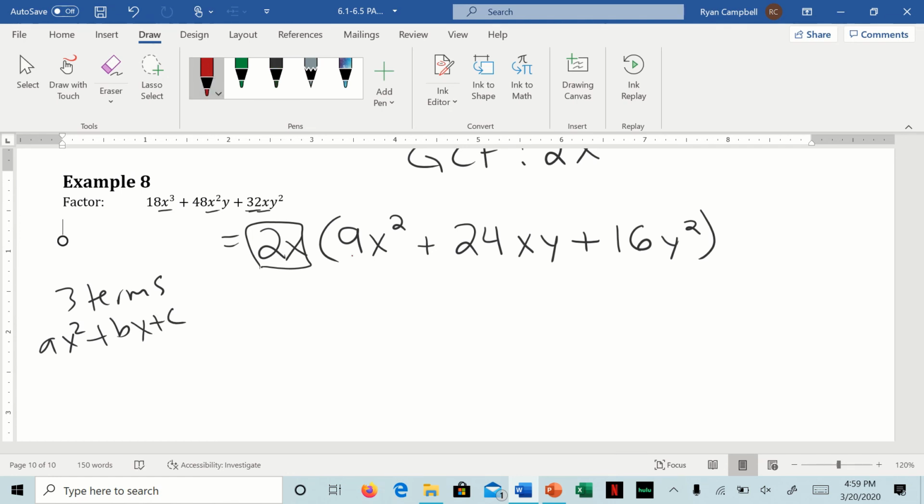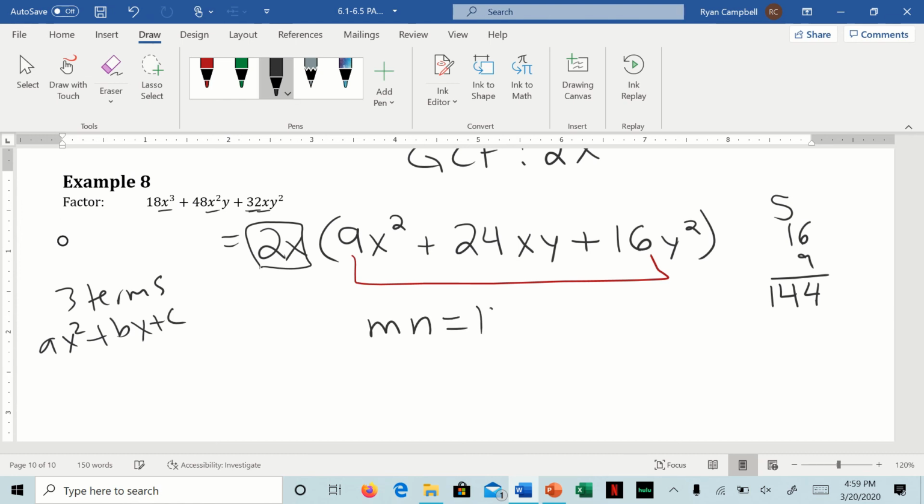So step 1, remember, let's multiply. So what's 16 times 9? 6 times 9 is 54, carry the 5. 5 times 9 is 45, plus 5 is 144. So step 2, what 2 numbers multiplied gets you 144, adds gets you 24?